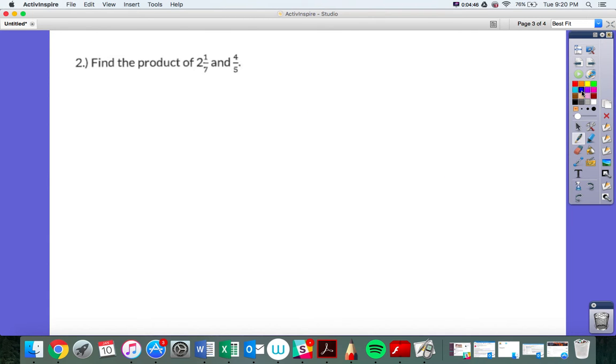This one is no fancy word problem, so we know that we have to multiply 2 and 1/7 times 4/5 because it says to find the product, which means to multiply. So that's how I knew to multiply. Now I'm going to turn any mixed numbers like I have here into improper fractions so that I can multiply.